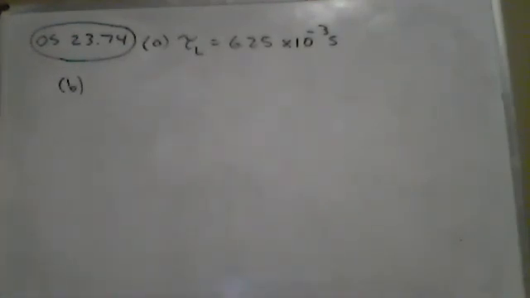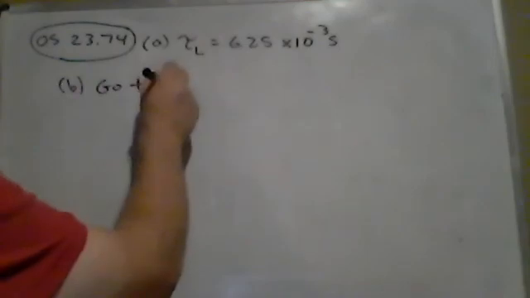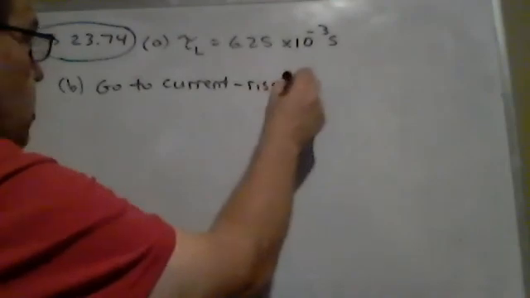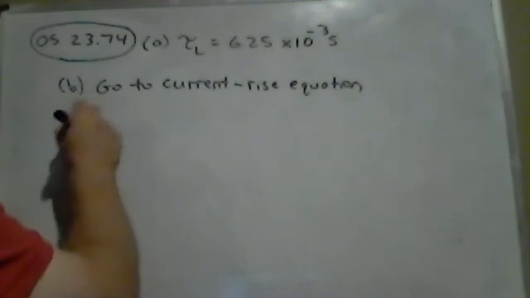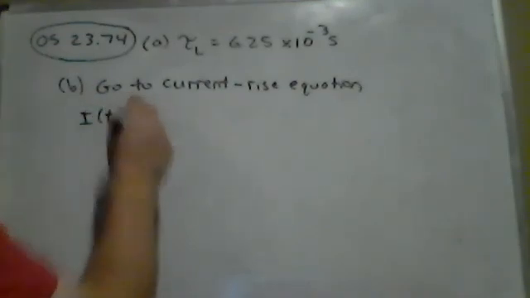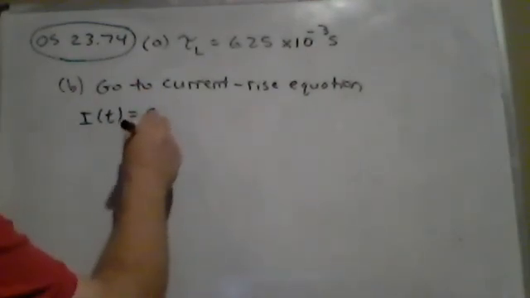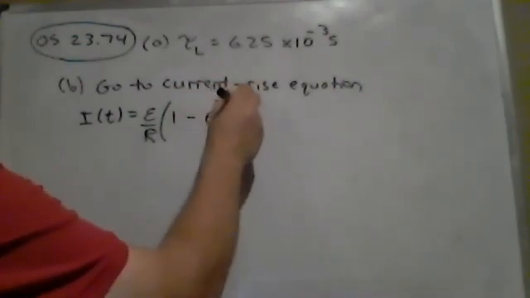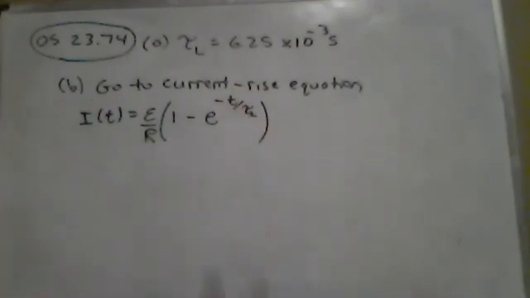Now I go to my current rise equation. I of t is epsilon over R times 1 minus e to the negative t over tau sub L. That's what I want.